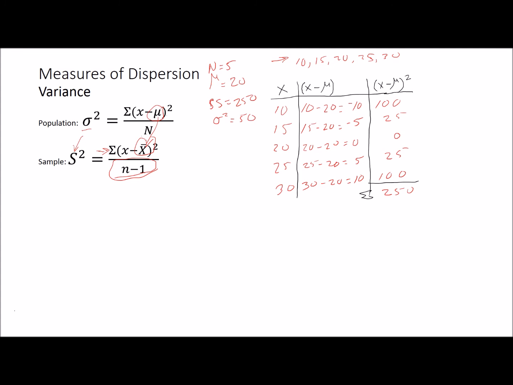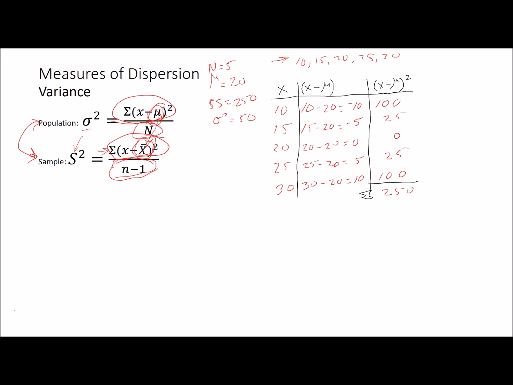These two formulas, population and sample, are mathematically almost identical. You have your sum of squares on the top here, you have your sum of squares here. The only real difference is how the mean is indicated. Is it indicated by mu or is it indicated by x bar? And then instead of dividing by n, we divide by n minus 1 degrees of freedom.